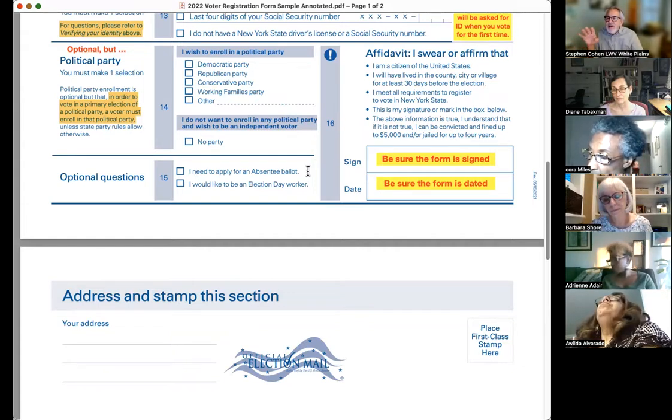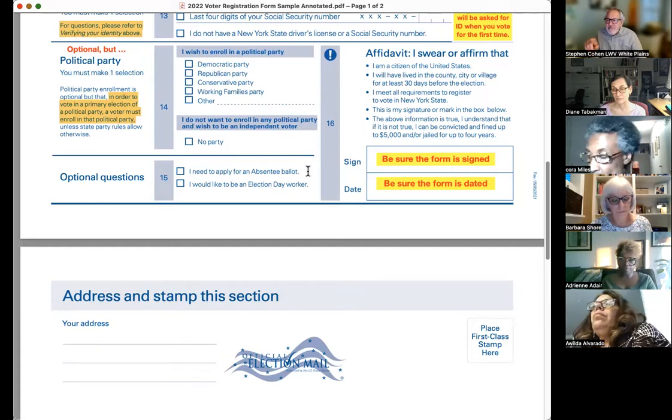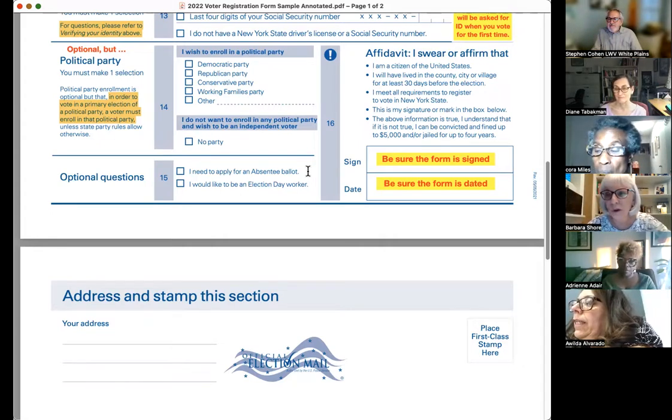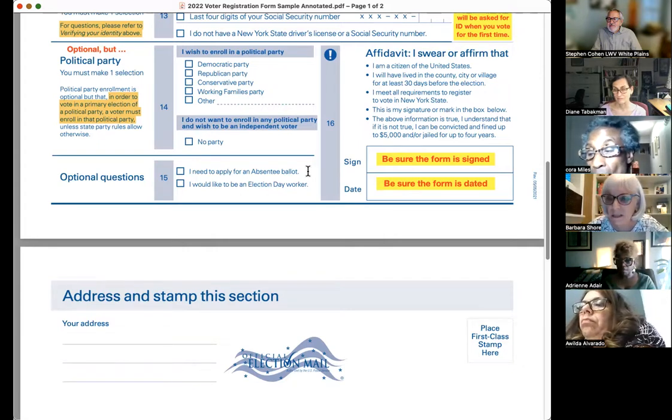However, if one requests an absentee ballot, one must vote by absentee ballot. A voter may not request an absentee ballot and then go to the polls and say, I don't want to use the absentee ballot. Barbara's going to correct me on this. No, you can go to the polls, it says, and do an affidavit ballot, but it's going to be held aside.